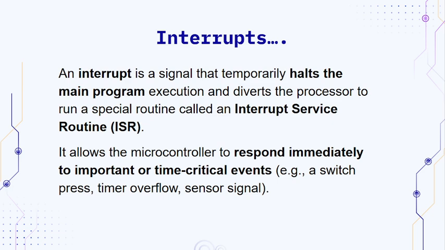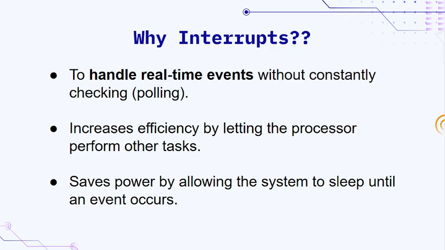So it will temporarily halt the program, which is the cooling, and it will respond immediately to that critical event, which is a short circuit or an overflow, we can say. So why interrupts? Interrupts are meant to handle real-time events without constantly checking, increasing efficiency by letting the processor perform other tasks, and saving power by allowing the system to sleep until an event occurs.